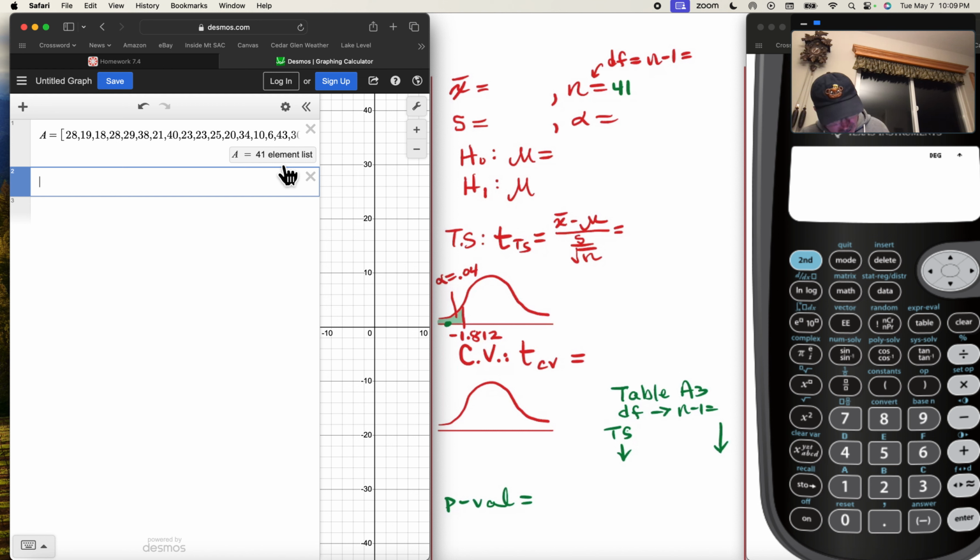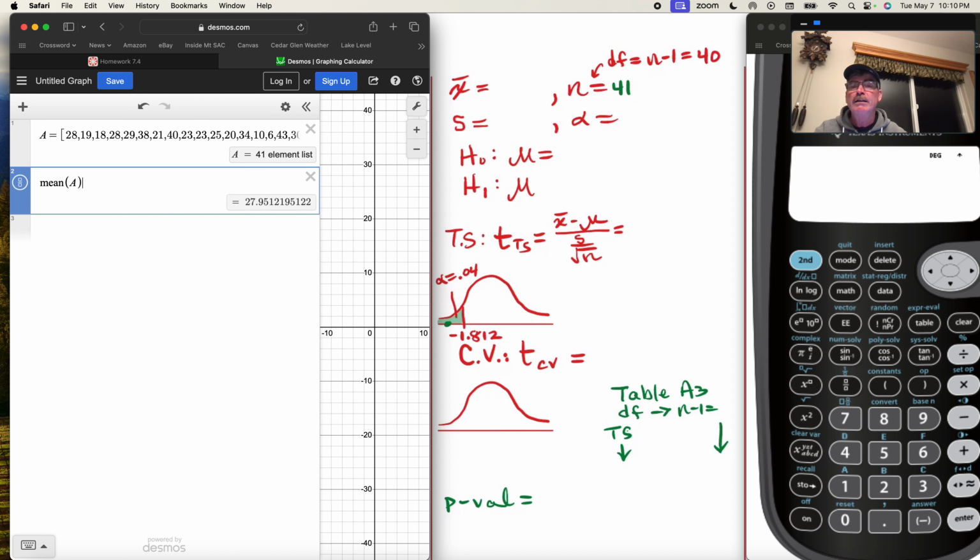That means the degrees of freedom are 40. Okay, let's get the mean. The mean of A is 27.95. We have nothing after the decimal here, so we're going to carry 1, and the 5 makes the 9 go up, so it's just going to be 28.0 on X bar.